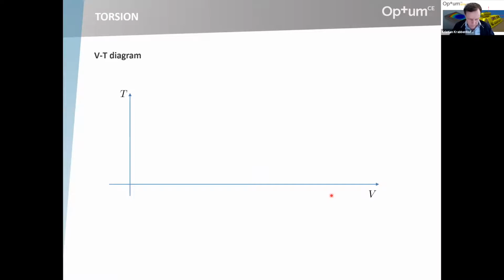But just back to the VH or the VT diagrams, how do we actually determine those? Well, that can be done in many different ways. One way would be to first determine the vertical capacity, which is a standard limit analysis with respect to the vertical load, assuming no torsion at all.